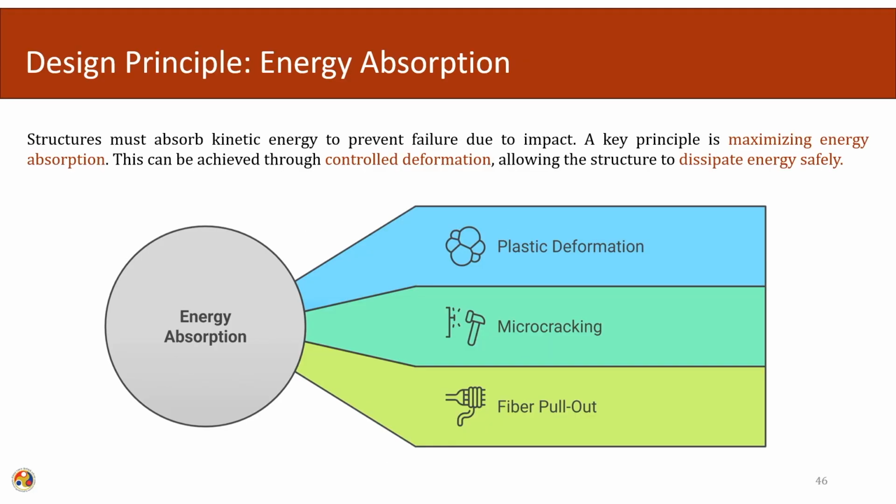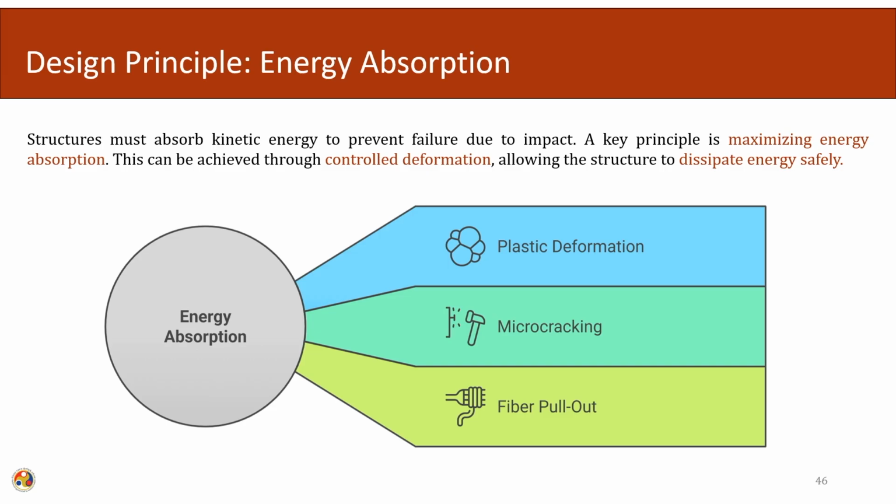Now, we deal with the design principles associated with energy absorption. A structure must absorb kinetic energy to prevent failure due to an impact. A key principle is that we have to maximize the energy absorption. This can be achieved through controlled deformation, allowing the structure to dissipate energy safely.